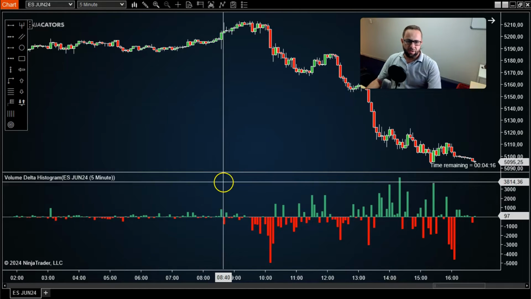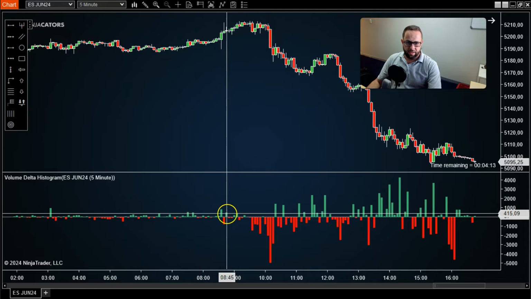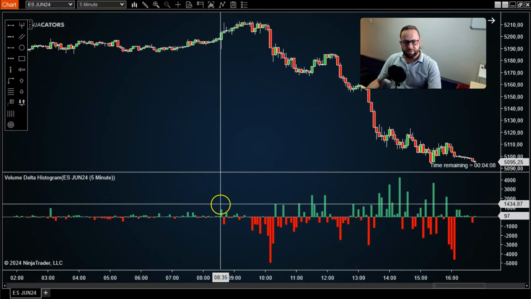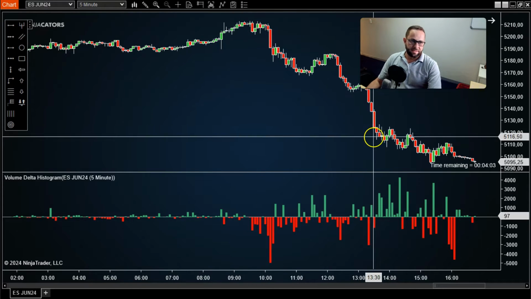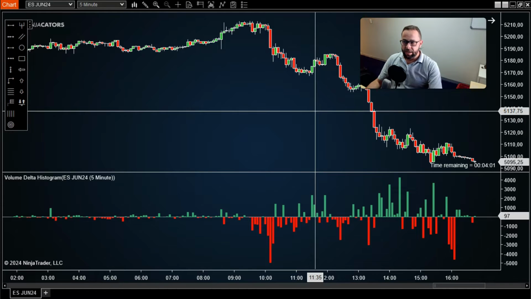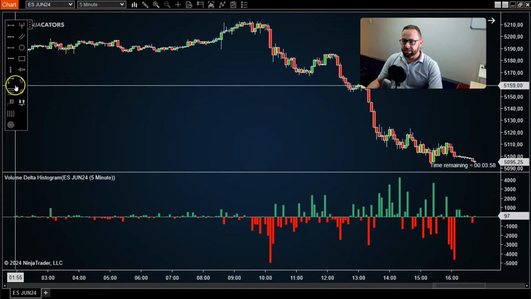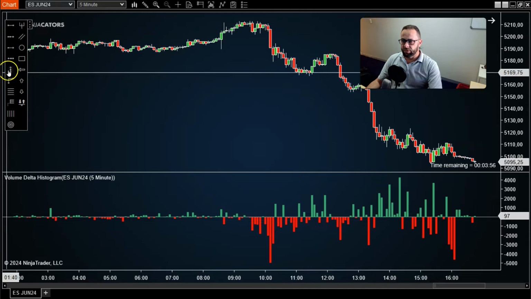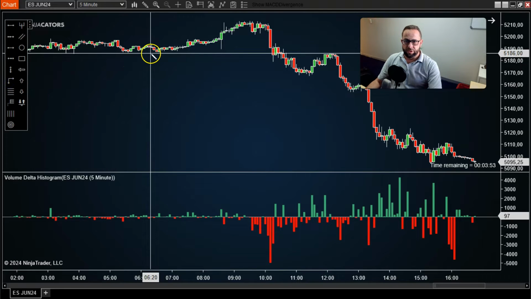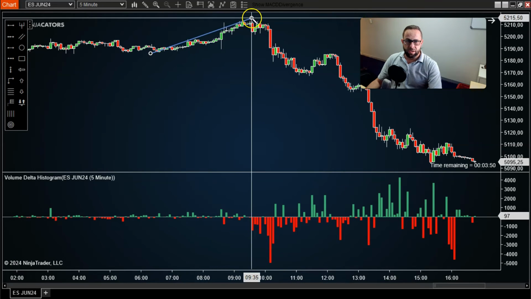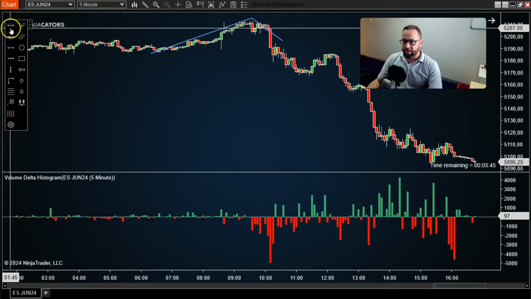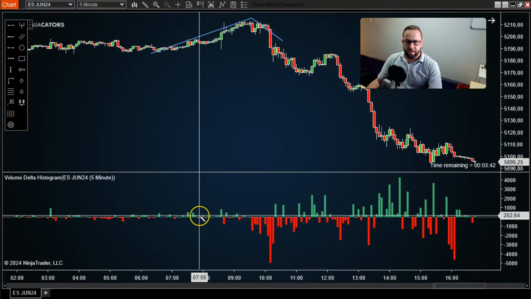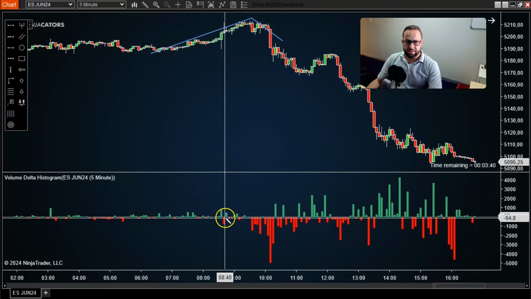I also like, rather than just looking at one particular histogram, to see how the histogram has been behaving until price reaches a high or gets into a low. Obviously you won't know if it's a high or low, but quite often what you'll see is very similar to momentum divergence, for those familiar with that term. Price moves in one direction, but on the histogram you can see there were a lot more buyers and a few sellers stepping in.